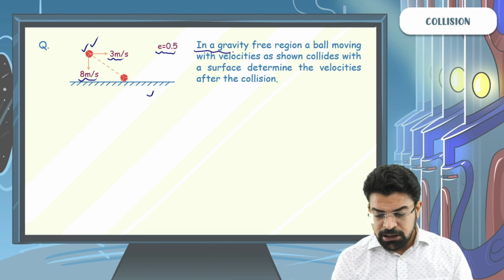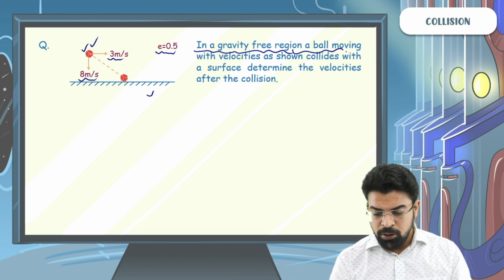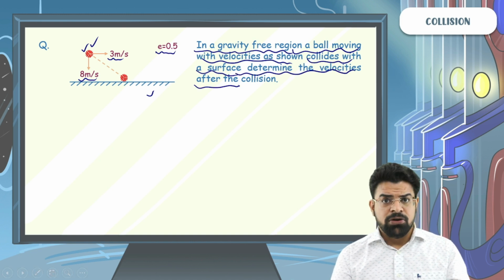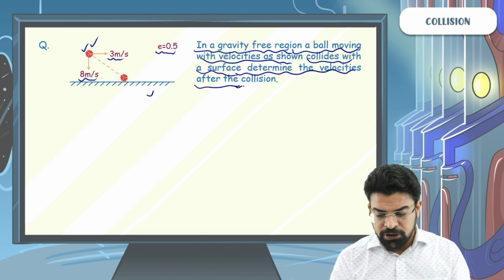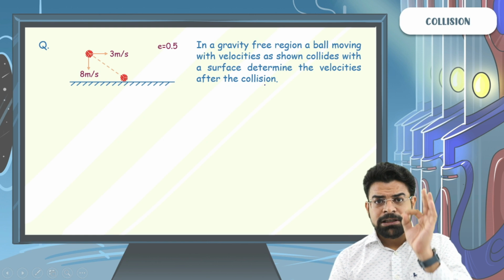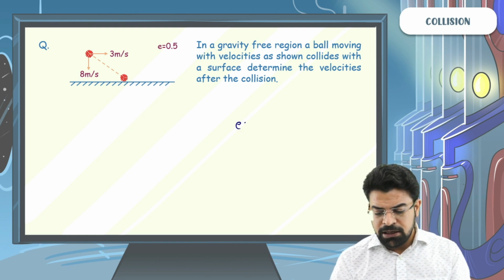Question is, in a gravity-free region, a ball moving with the velocities as shown collides with a surface. Determine the velocities, horizontal and vertical, of the ball after the collision. So this particular example has been taken to make you understand the concept that e equals v separation upon v approach.